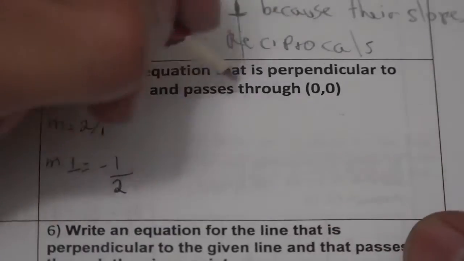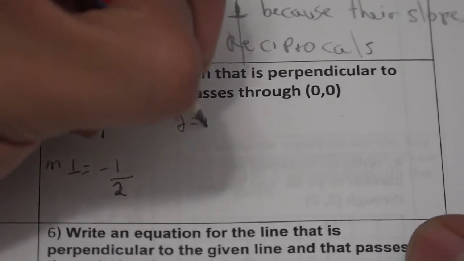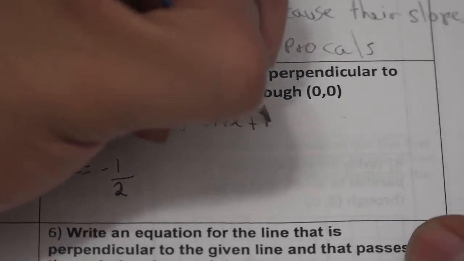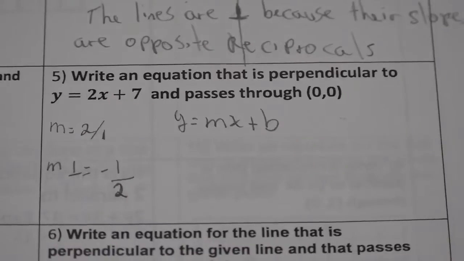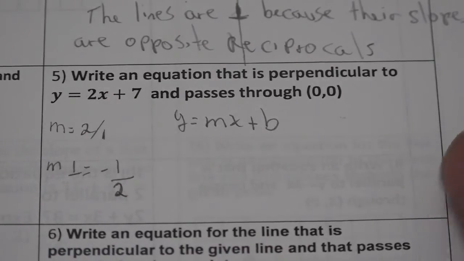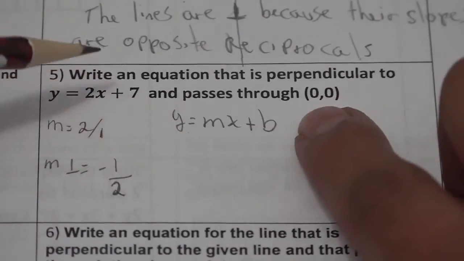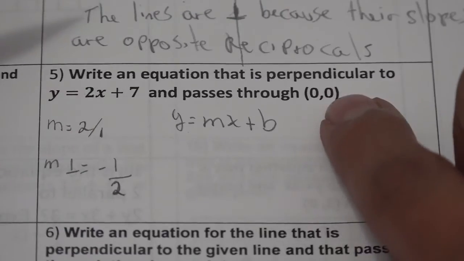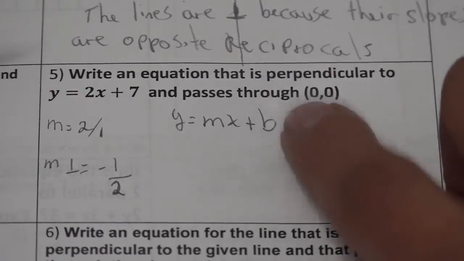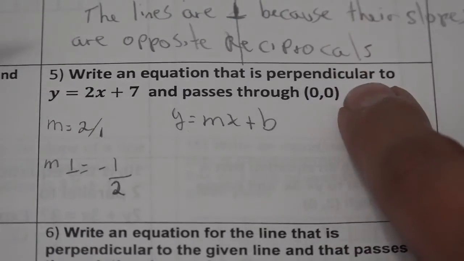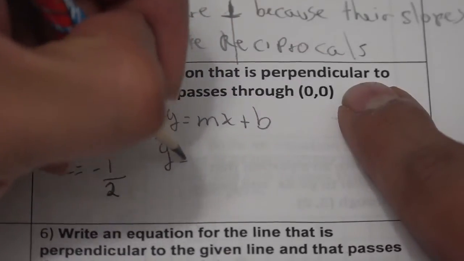Now, to write the equation of the line, we use y equals mx plus b. Guess what? I don't need to do all this. Why? Because I already have my y-intercept. My y-intercept is 0. Because remember the coordinates of the y-intercept? 0, b. Well, the y-intercept is 0, so all I have to do is write it down.